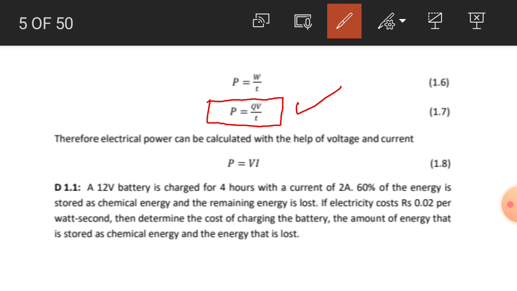Let me clarify one thing over here. You see, we use electrical energy in our houses, schools, markets, universities, classrooms, and so on, right? So we consume electrical energy.